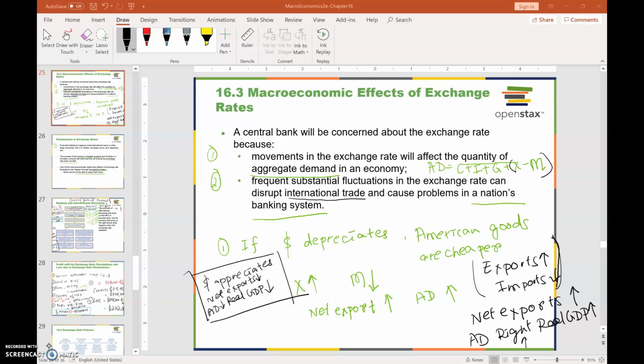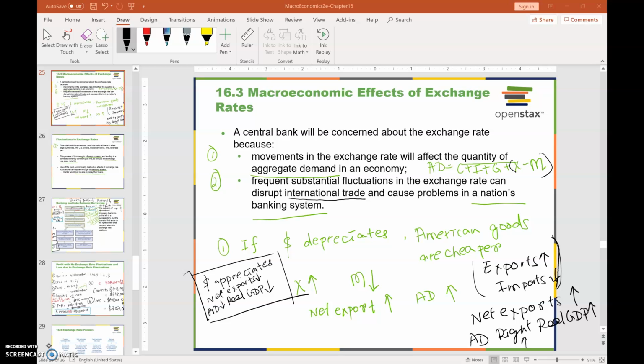If dollar depreciates, American goods becomes cheaper to foreigners and foreign goods becomes cheaper to Americans. As a result, foreigners are going to buy more US goods, export increases, Americans are going to buy less foreign goods, imports go down.